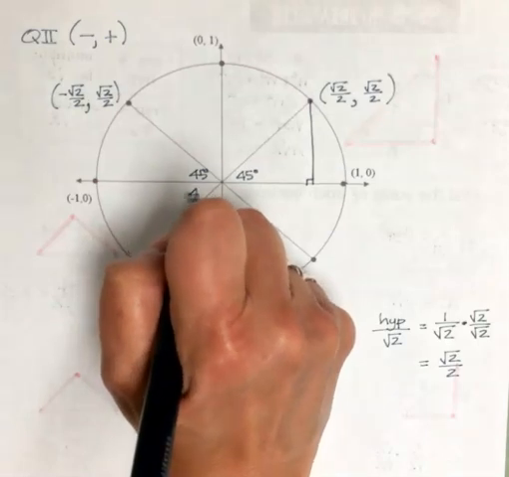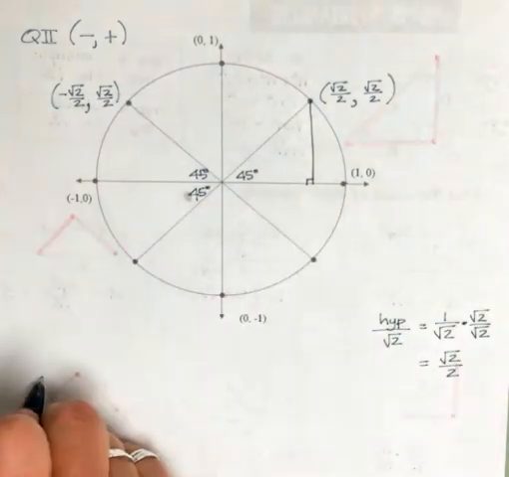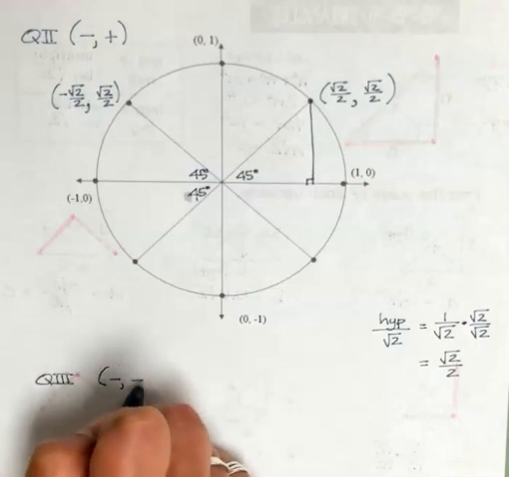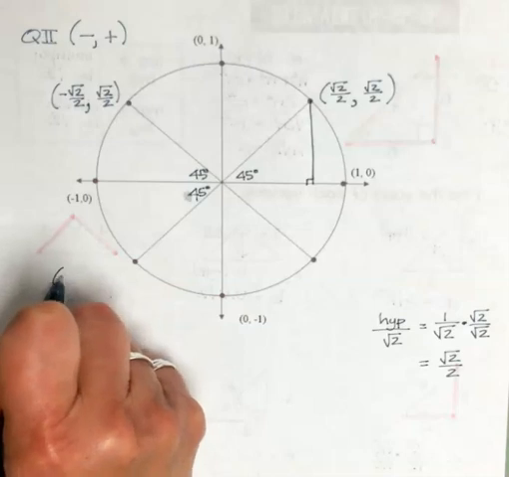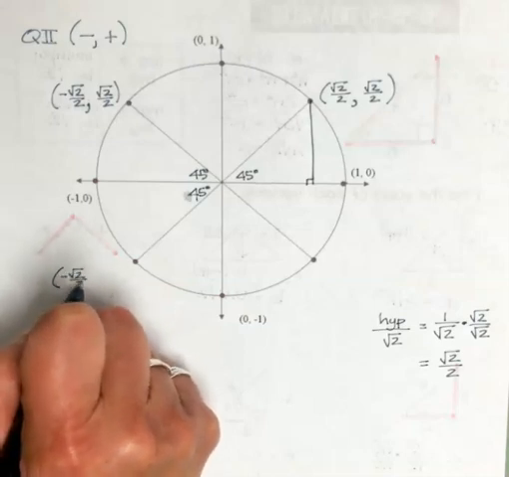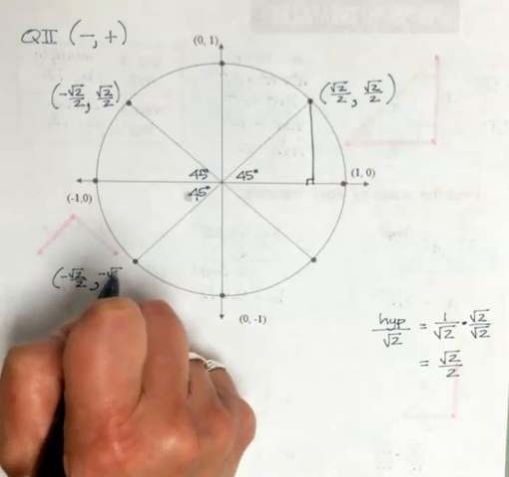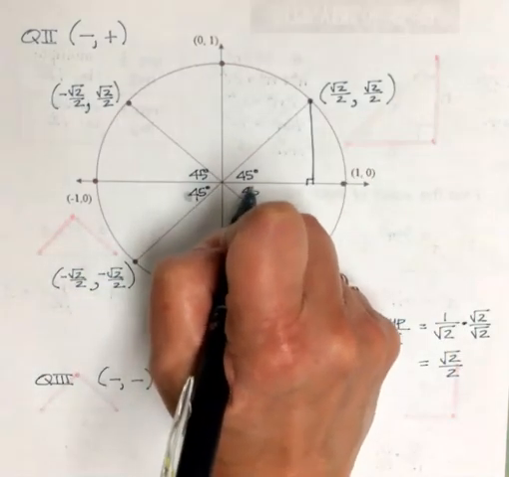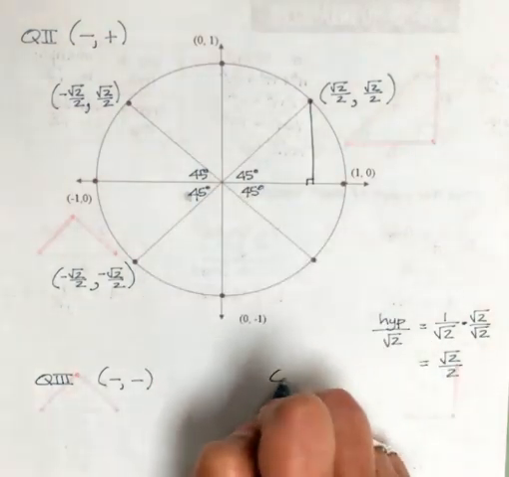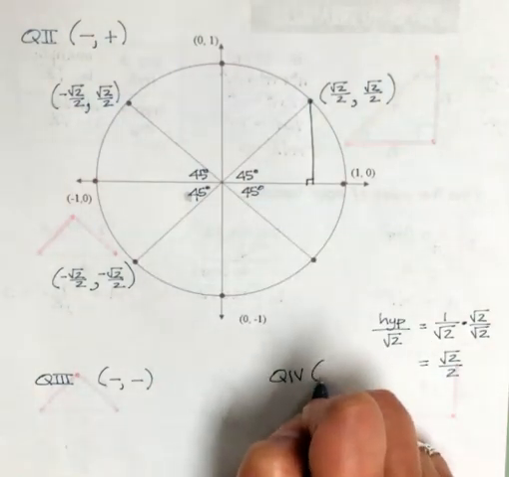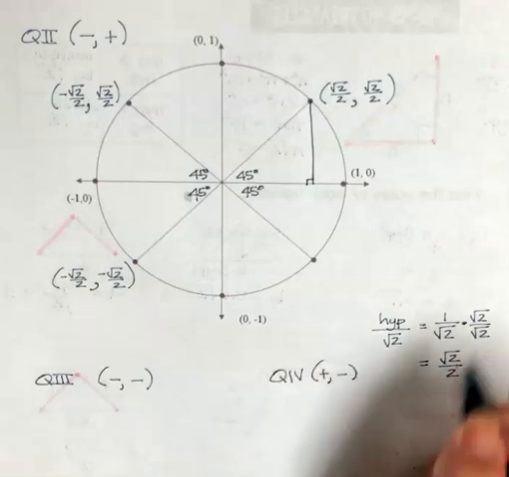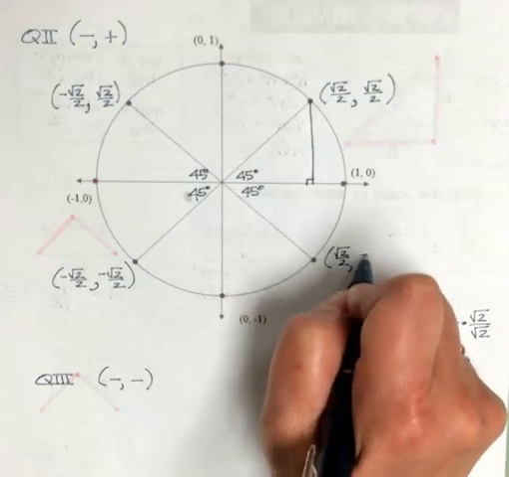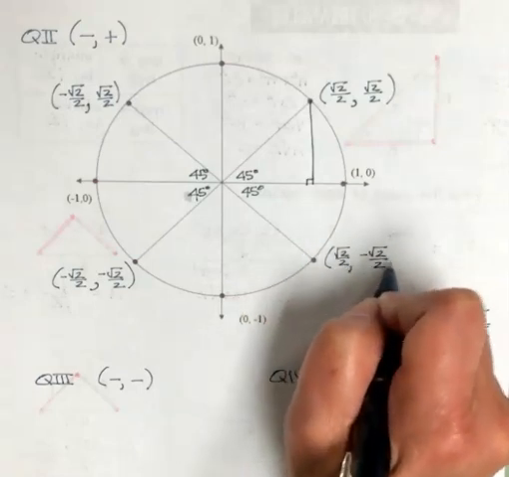Continuing around, this is quadrant 3. Our x is negative, our y is negative. Negative square root of 2 over 2, negative square root of 2 over 2, and continuing over into the fourth quadrant, where your x is positive and your y is negative. This becomes the square root of 2 over 2, negative square root of 2 over 2.